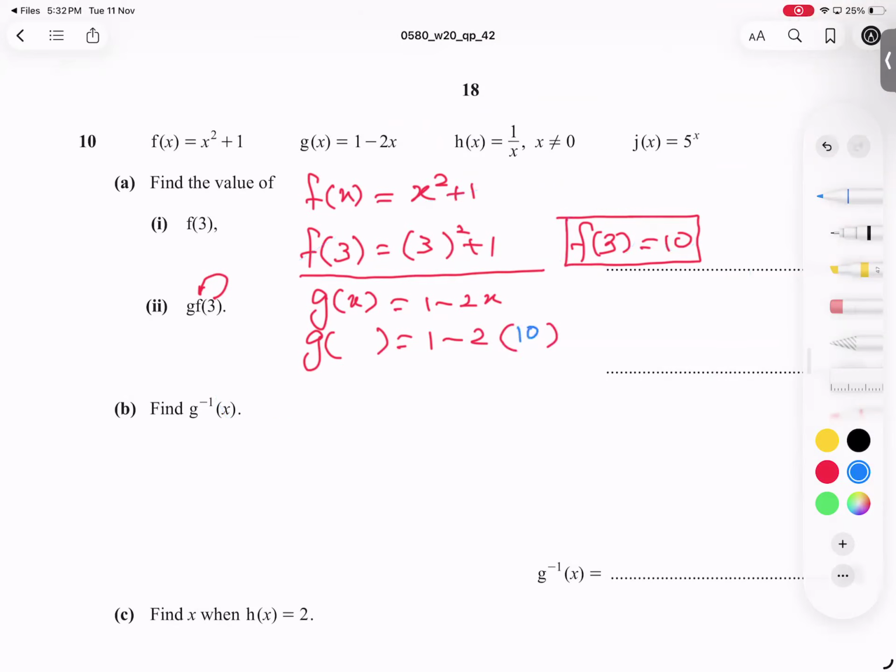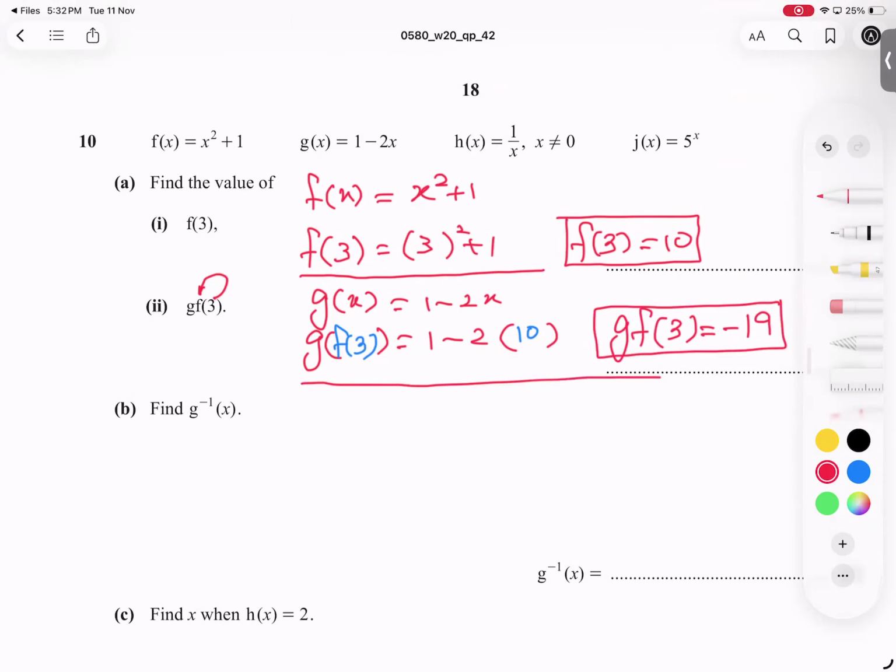So 10 comes here and f of 3 will come here. 2 tens are 20, and 1 minus 20 gives us negative 19. So g f of 3 is equal to negative 19, and this is my final answer. So this part is also done.